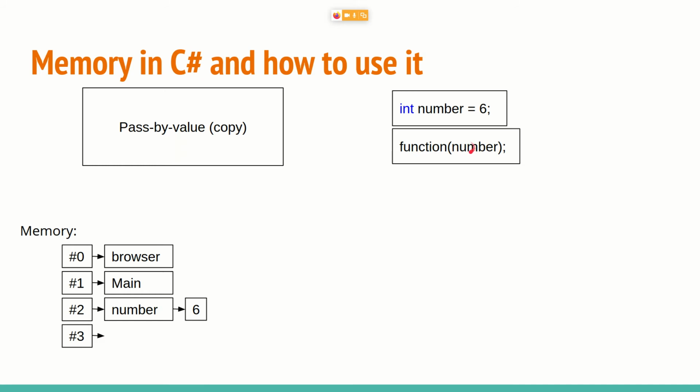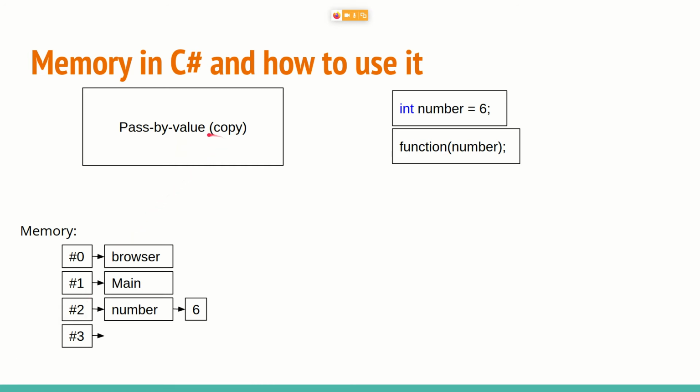Now, how the computer actually does this, you don't necessarily see it. Number has an address, and you might think, okay, it's passing number, so maybe it's passing this actual address. That's not what it's doing.